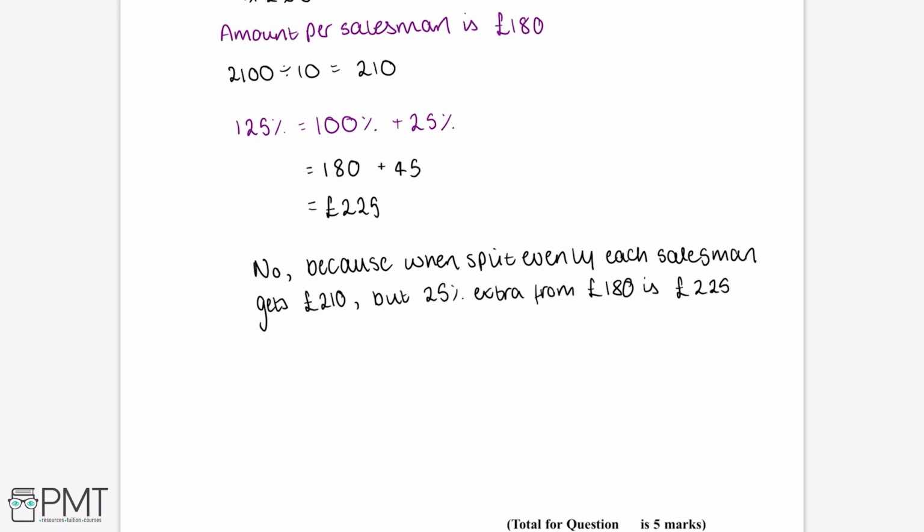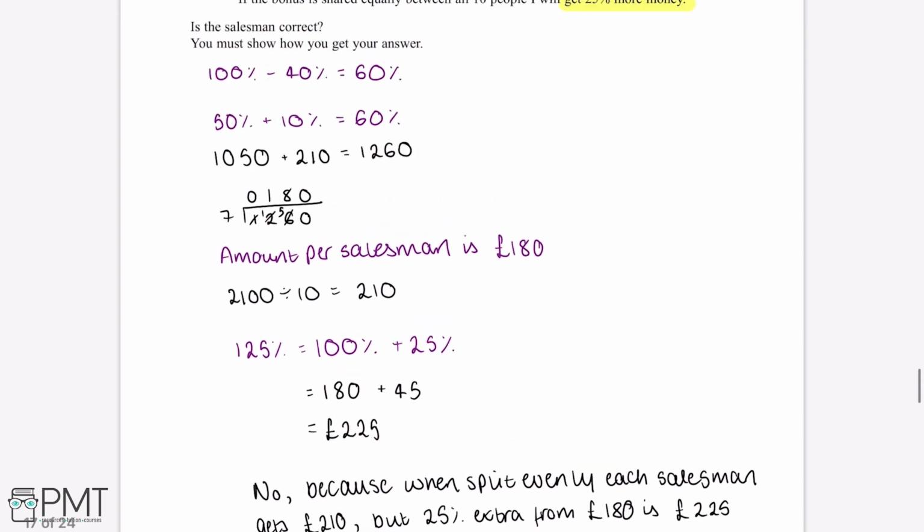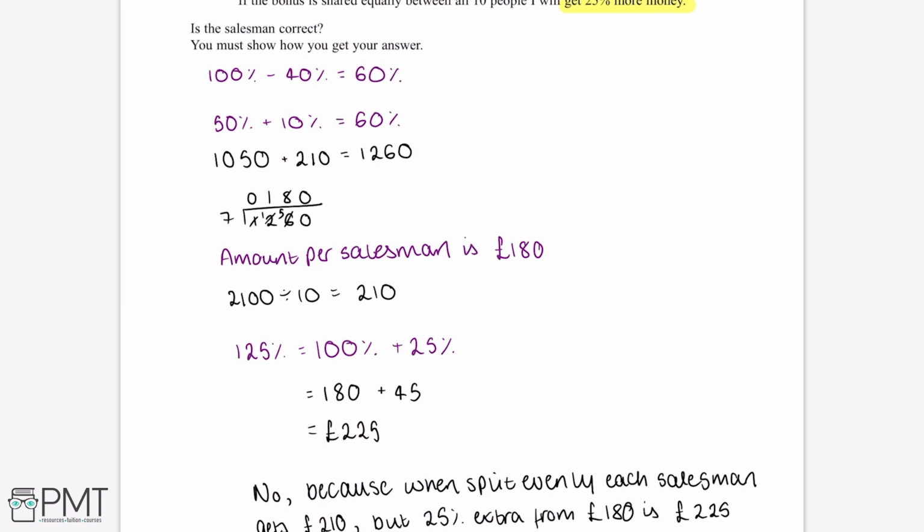Now this question's worth 5 marks. We'll get 1 mark for working out that 60% of the bonus will be shared out between the salesmen. We'll get our 2nd mark for working out 60% of the bonus. We'll get our 3rd mark for working out how much money each of the salesmen will get under the first scheme.